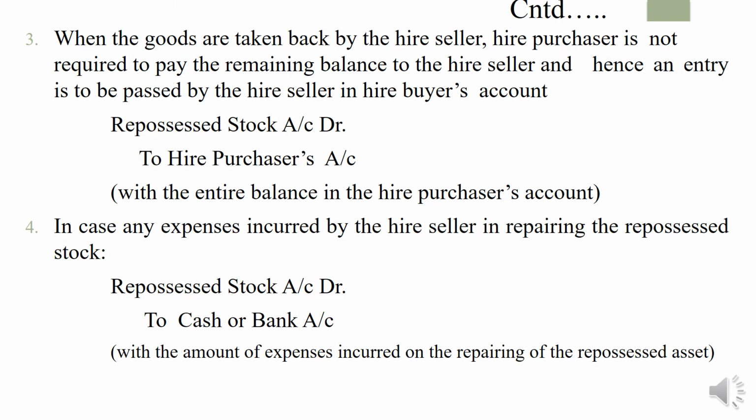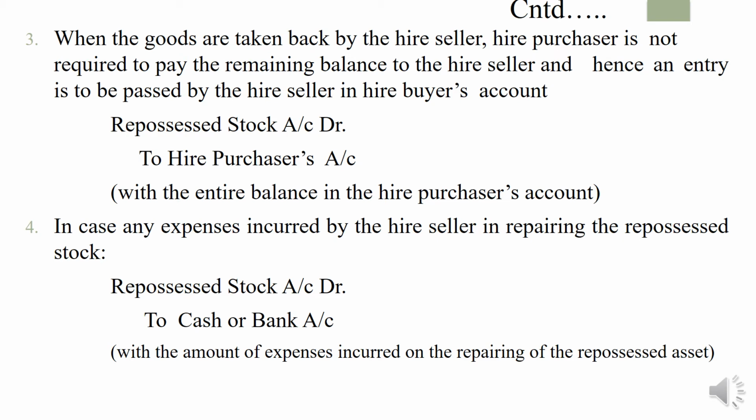Now, the next journal entry is for any expenses incurred by the hire seller in repairing the repossessed stock. Since the hire seller has taken possession of the asset, he can sell it later, but before selling it, if he has incurred any expenses, for example on repairs, we have to pass a journal entry.